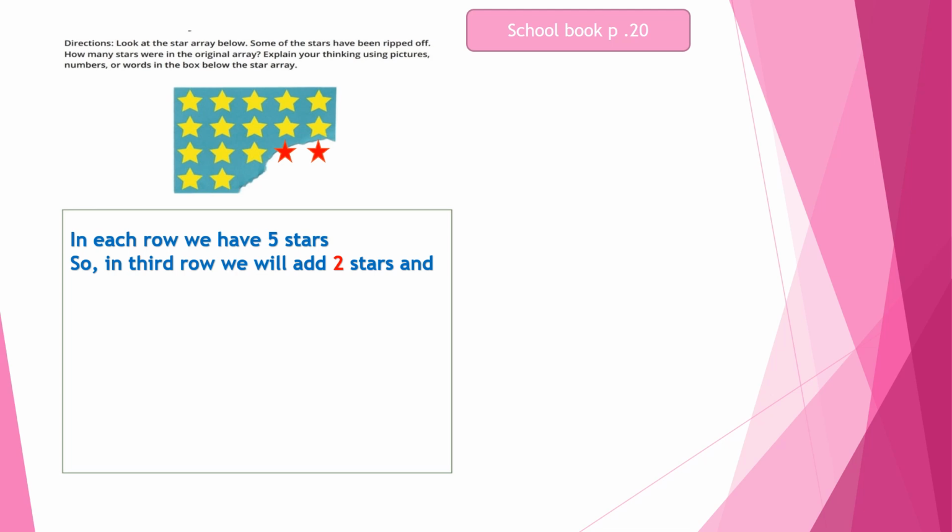So all rows must have 5 stars. So in the third row, we will add 2 stars to make 5. Okay? And in the fourth row, we will add 3 stars to make 5 also.